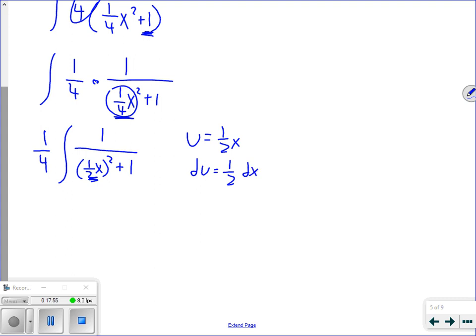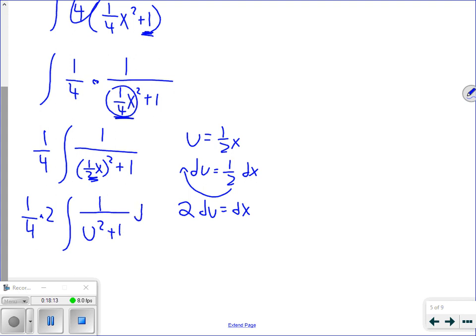1/2 dx. I can bring the 1/2 to the other side, and when I divide by 1/2, I get 2 du equals dx. So I can bring the 2 on the outside. I got 1/4 times 2, the integral of 1 over u squared plus 1 du. I should have been having a dx.